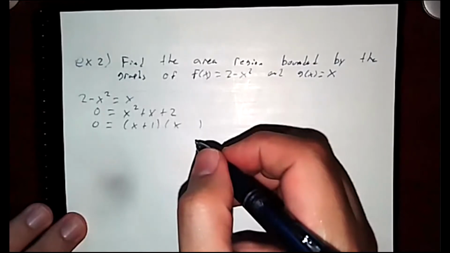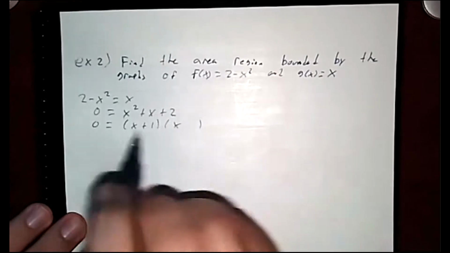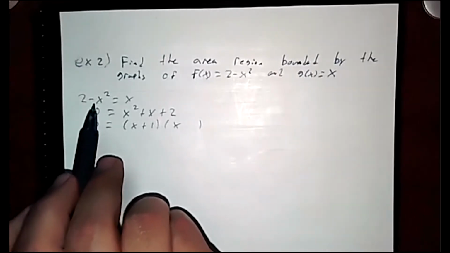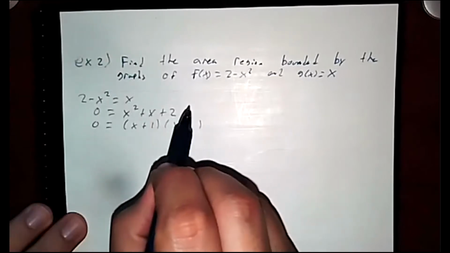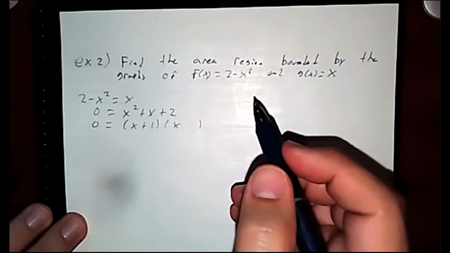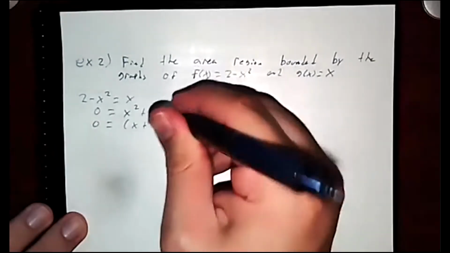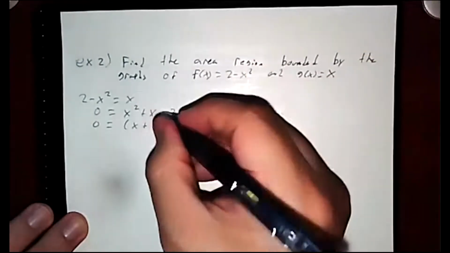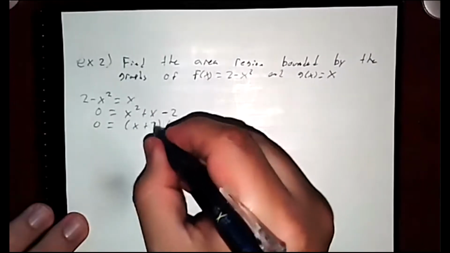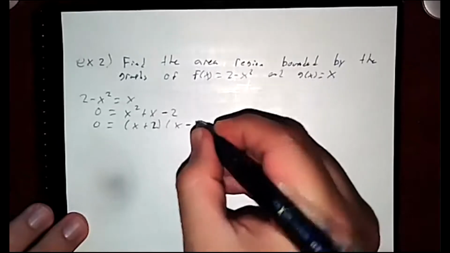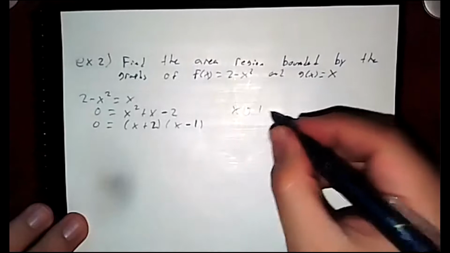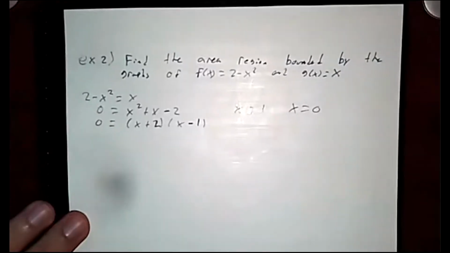Actually, let me mess that up. It's like -2, right? Yeah, that's what it is. I'm like, this can't be factored. There we go. So this would be x plus 2 and x minus 1. So the intersecting points will be 1 and -2.